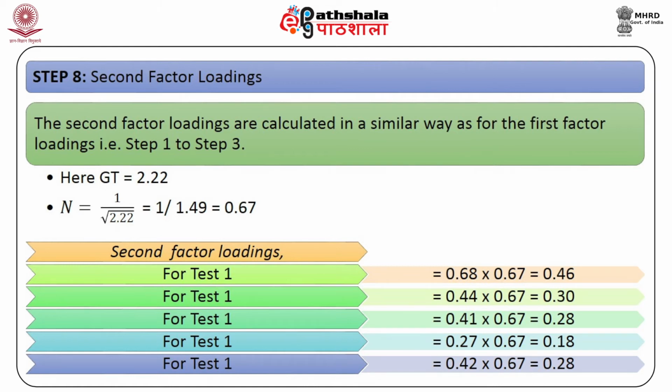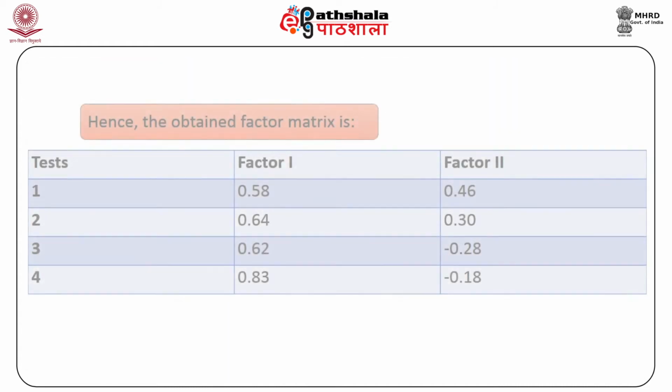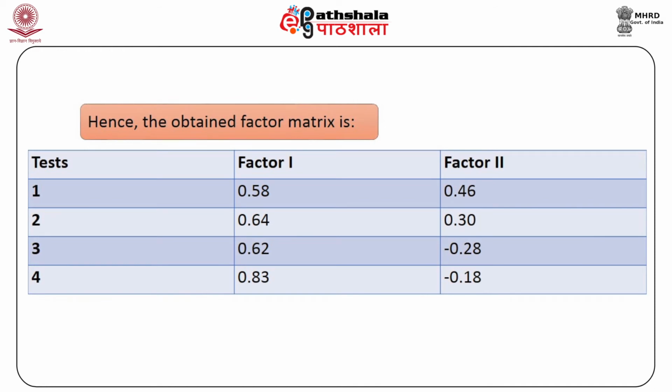N is equal to 1 upon square root of 2.22, which turns out to be, upon calculation, 0.67. The second factor loadings are 0.46, 0.30, 0.28, 0.18 and 0.28. The second factor loadings are obtained.